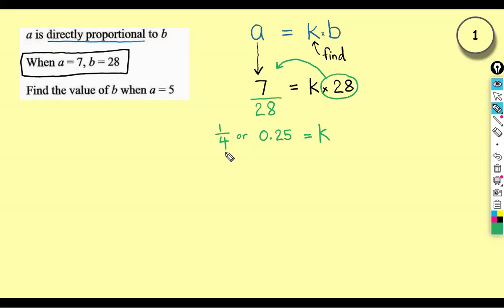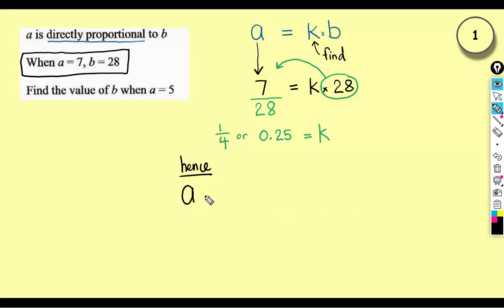Everyone take down that. Now, keep in mind, remember I said at the beginning of class, K is constant, which means from now on, no matter what, K is a quarter or 0.25. So we can hence rewrite the equation now.